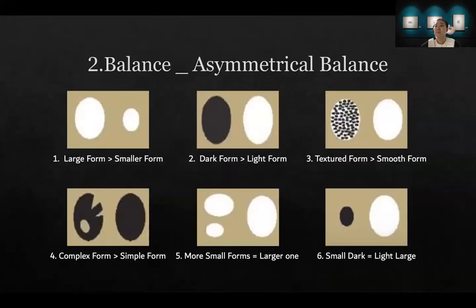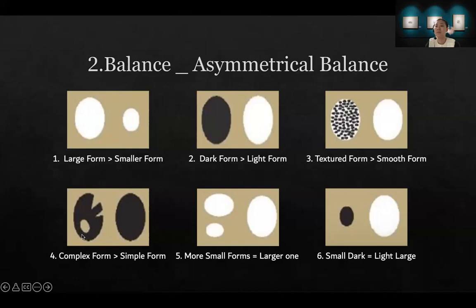Generally, there are 6 types of asymmetrical balance. Number 1, a larger form is visually heavier than a smaller form. Number 2, a dark value form is visually heavier than a light value form of the same size. Number 3, a textured form is visually heavier than a smooth form of the same size.